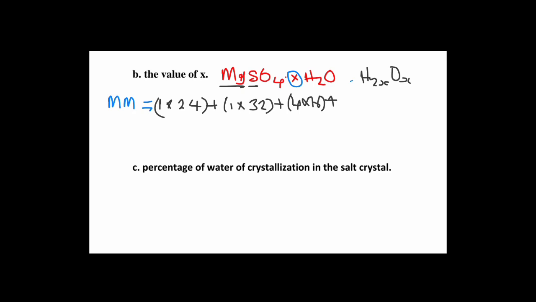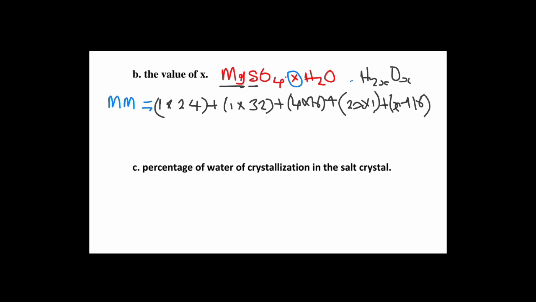So how many atoms of hydrogen do we have in this compound? We have 2x. And the atomic mass of hydrogen is 1, so we are going to say times 1, plus. We have x atoms of oxygen times 16.